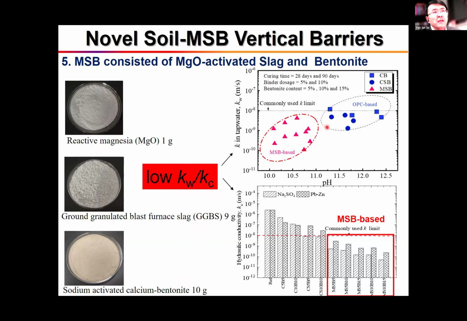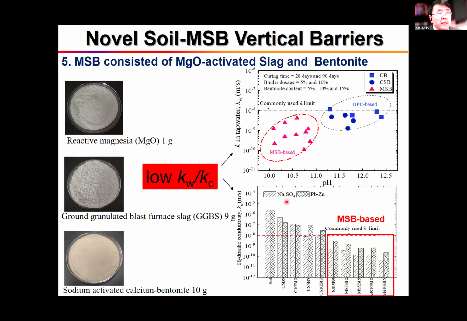Interestingly, we find for the OPC-based barrier material, the K is higher than the MSB-based barrier material. And the pH of the OPC-based material is slightly higher than that of the MSB-based material.